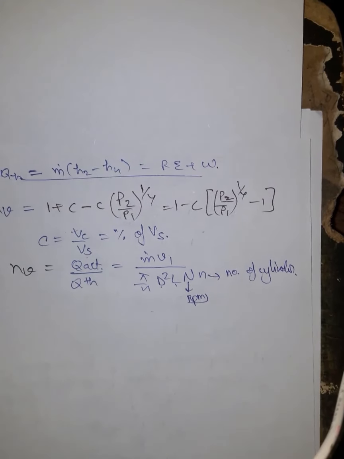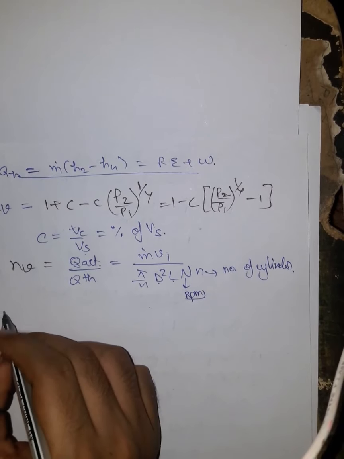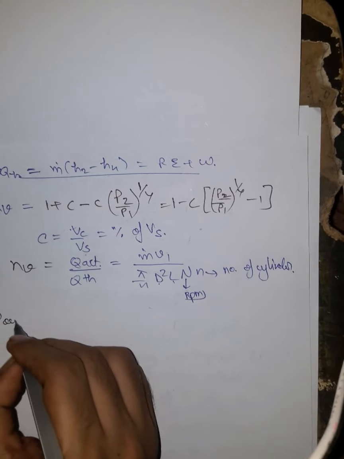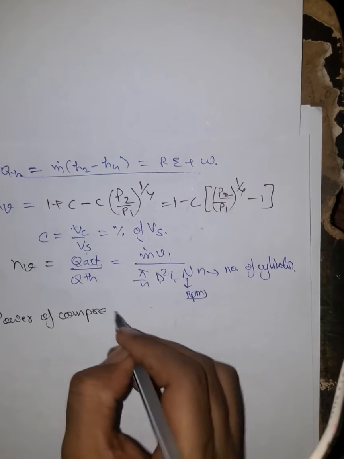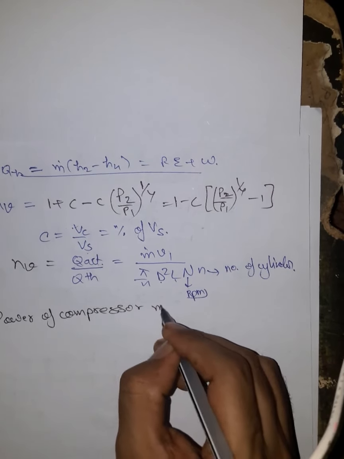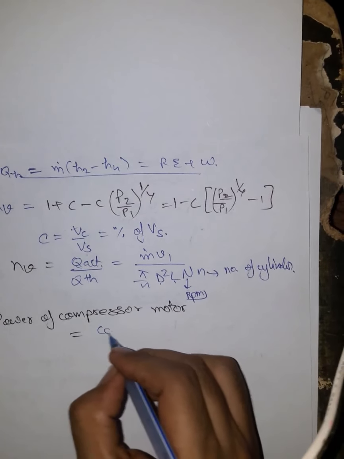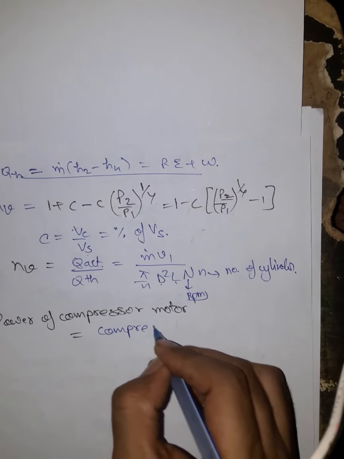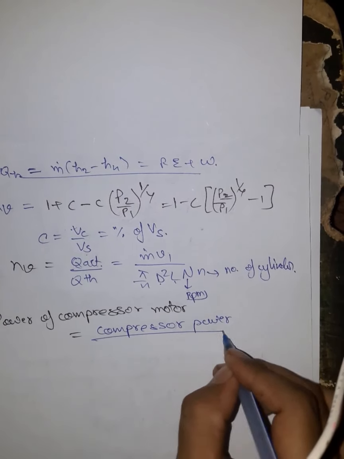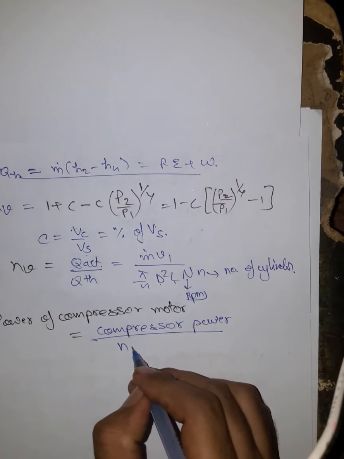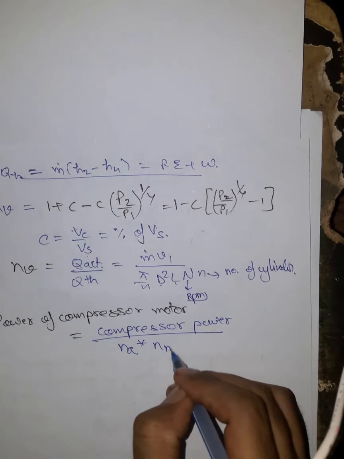Now if we talk about the power of the compressor motor that is required, for that we would use the formula, compressor power upon the various efficiencies involved in the process, that is first adiabatic efficiency and second mechanical efficiency.